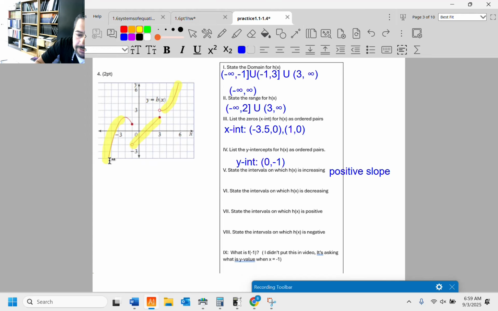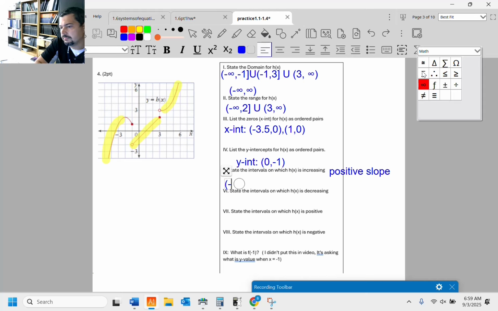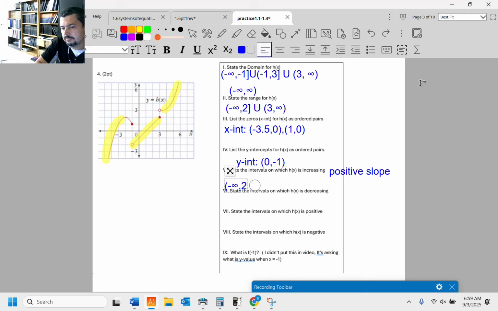Let's see, from negative infinity all the way to 2, union with looks like negative 1 to 3. We never use brackets on anything other than domain and range. Union with 3 to infinity.